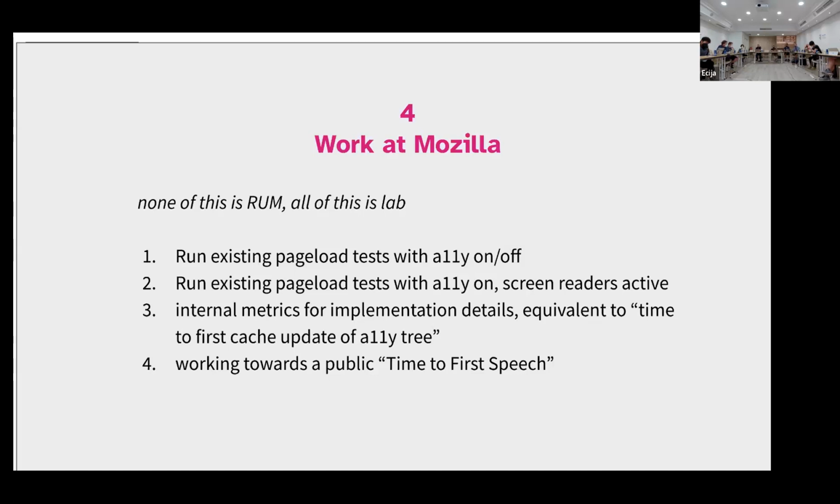But we just needed some measurement to make sure that that work was actually making things faster. So we instrumented our accessibility tree to just give basic timings about when is the first hash push for our accessibility tree.